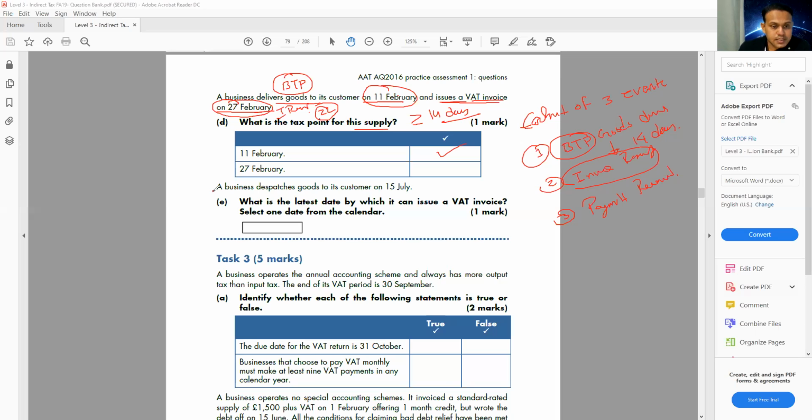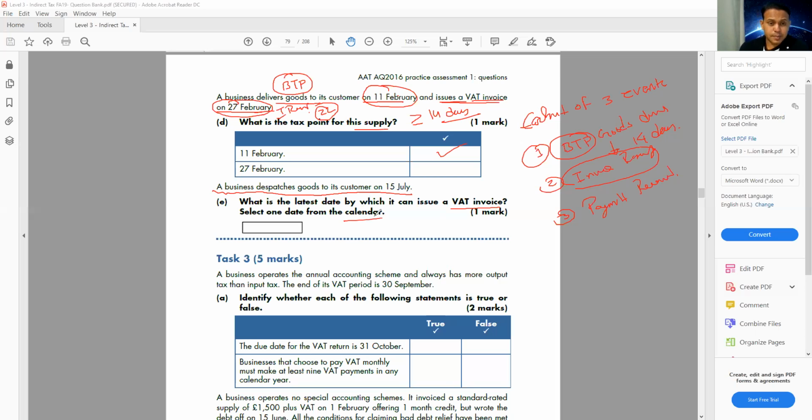The next one says a business dispatches goods to its customer on 15th of July. What is the latest date by which it can issue a VAT invoice? Select the date from the calendar.